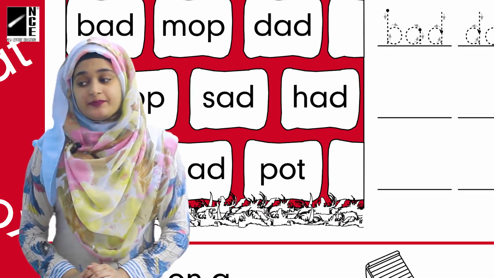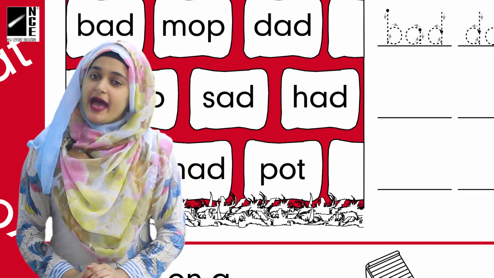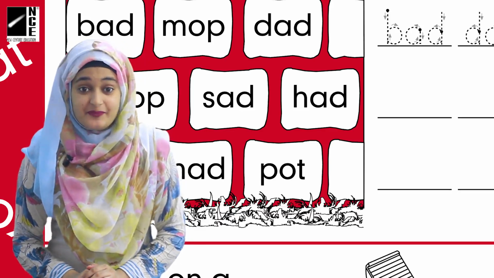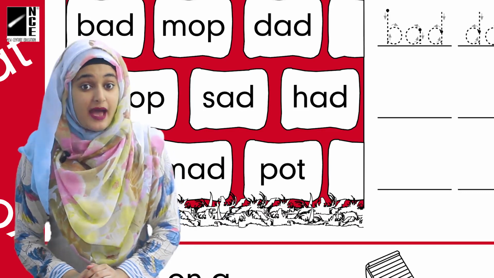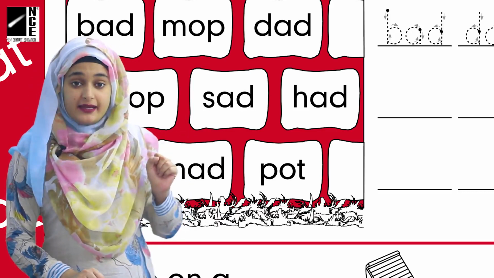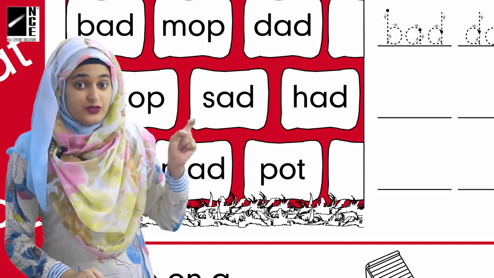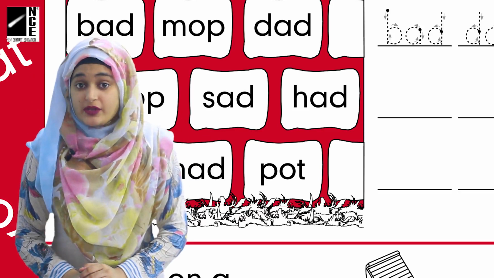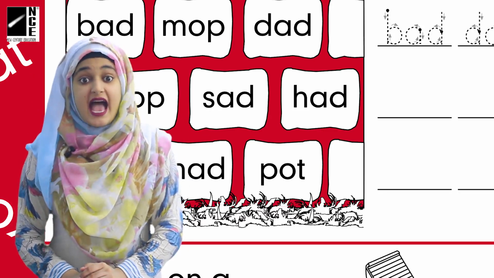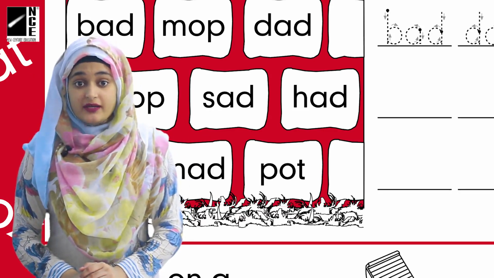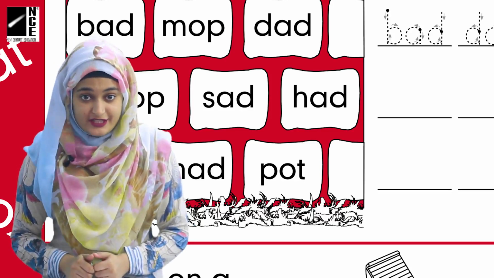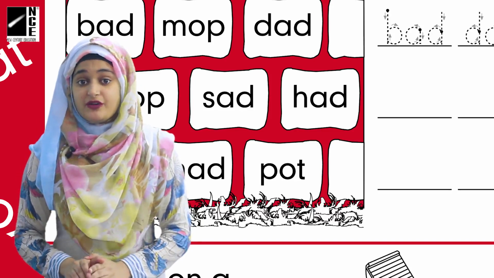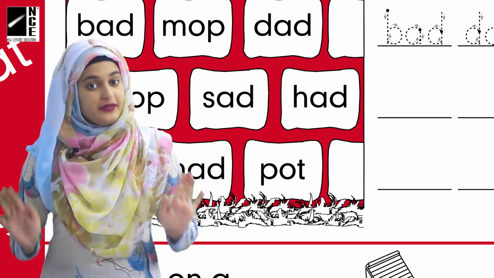Pad, mad. Yes, they rhyme together. So we will write mad in the second blank, and make sure that the formation of these add words is perfect. So here the first part of our worksheet is completed.